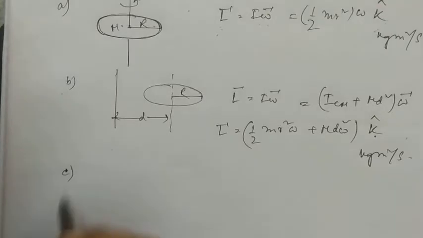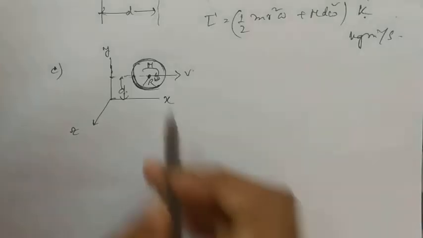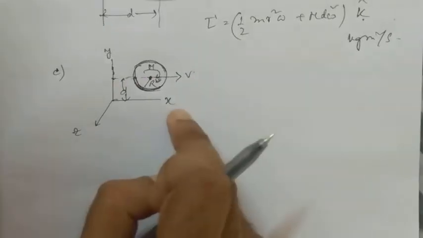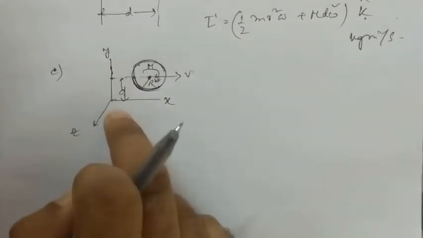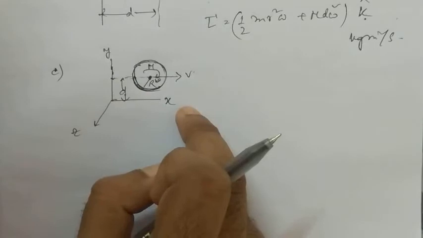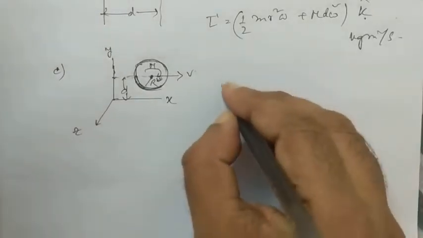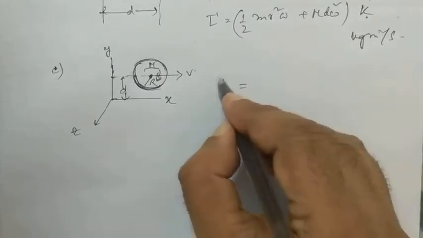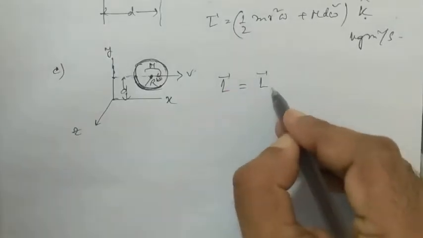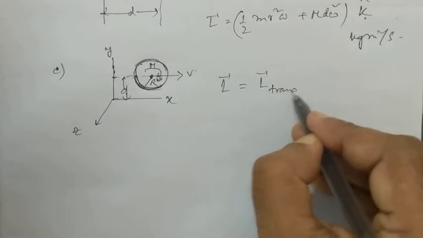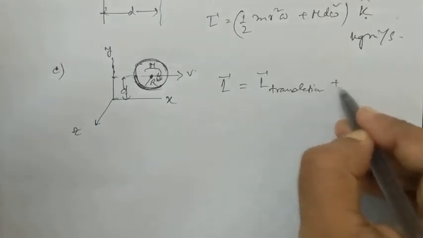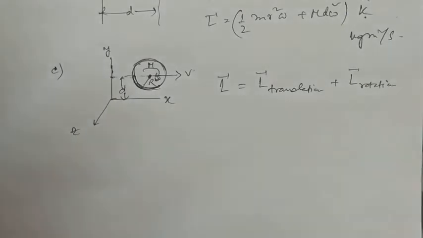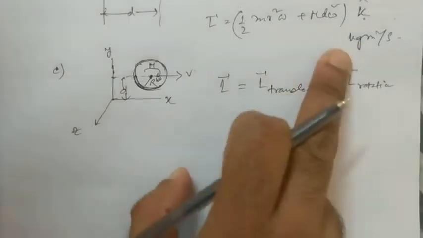Now the third one is a particle moving along a direction parallel to the x-axis, having a distance of separation d from the x-axis. In this case, the angular momentum will be angular momentum translational plus angular momentum rotational.